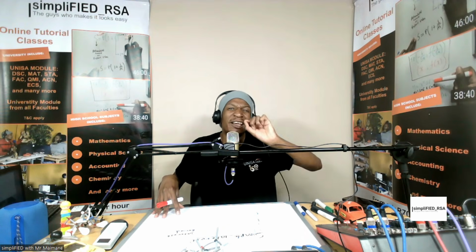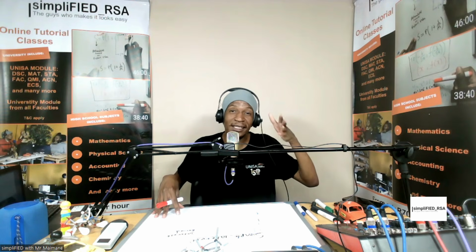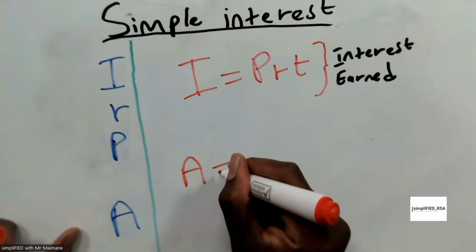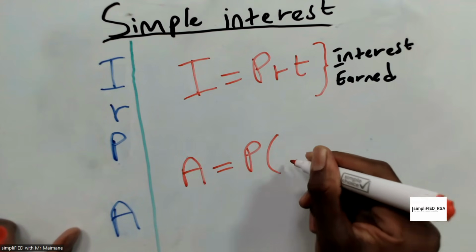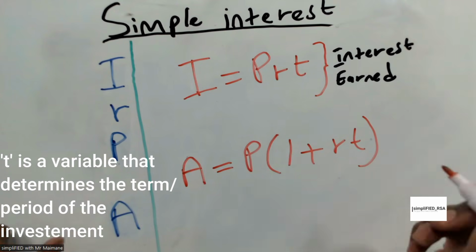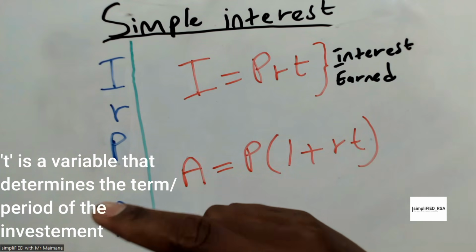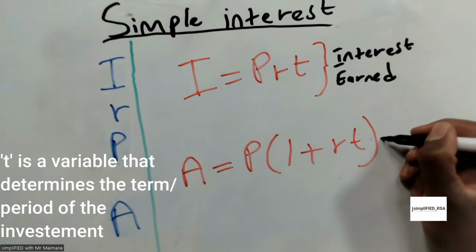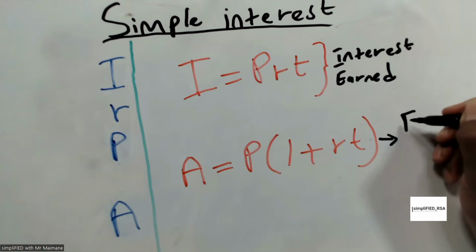To calculate the future value, which is A, this is the formula: A equals P(1 + RT). This is the formula for future value.